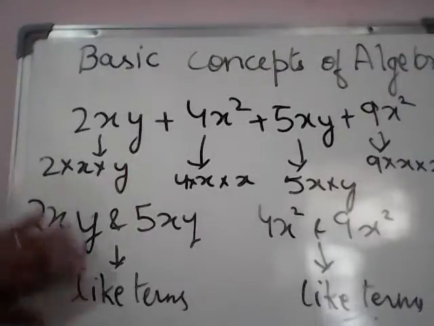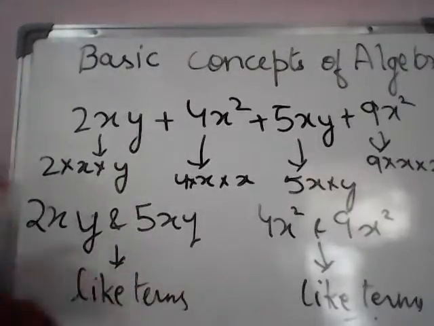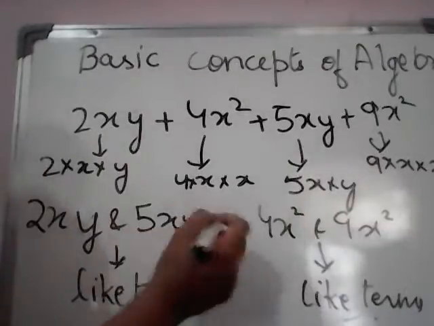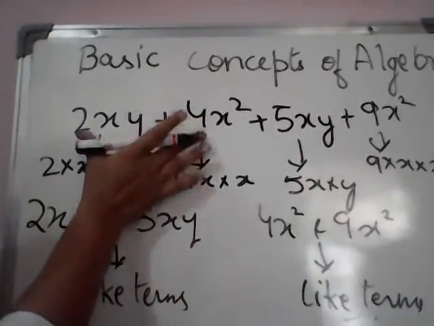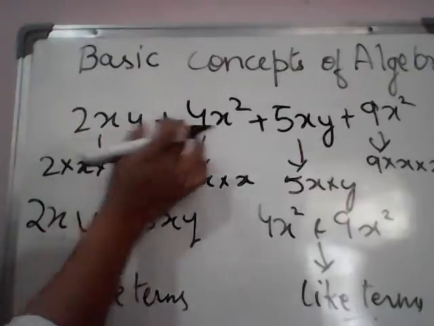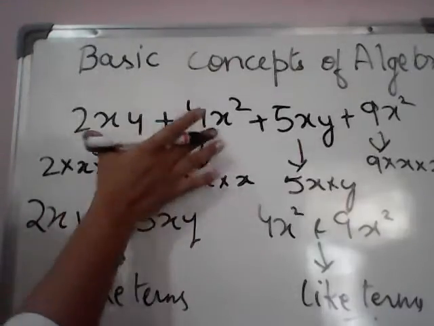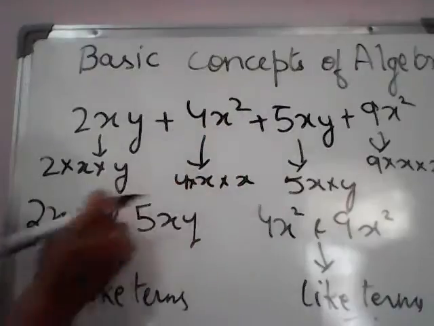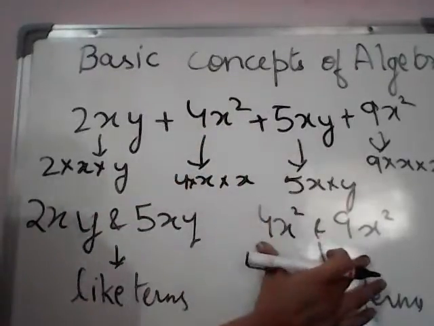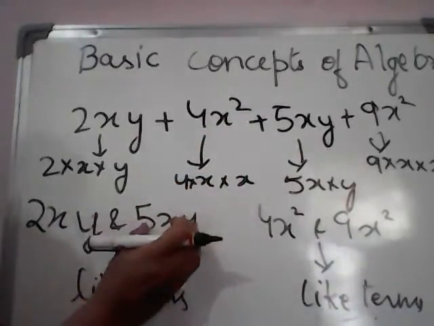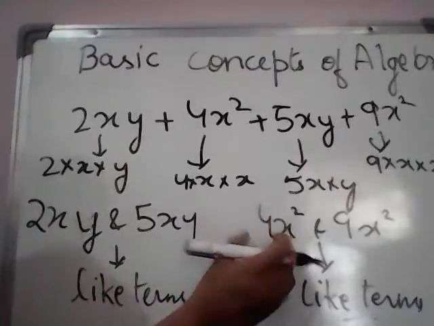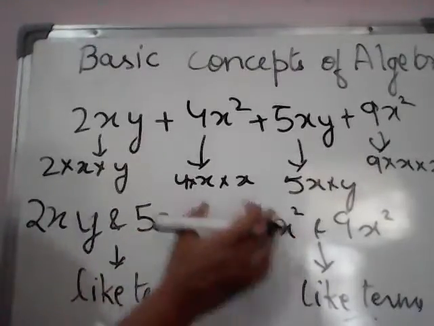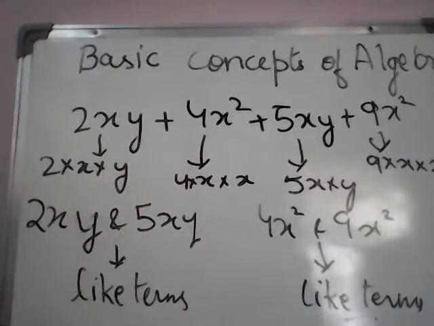So this is it with like terms and unlike terms. These are like terms. And if we talk about 2xy and 4x square, they are unlike terms. These two are like terms, and these two are like terms. And 5xy with 4x square are unlike terms. So in adding or subtracting algebraic expressions, when we simplify them, we can do this only with like terms.